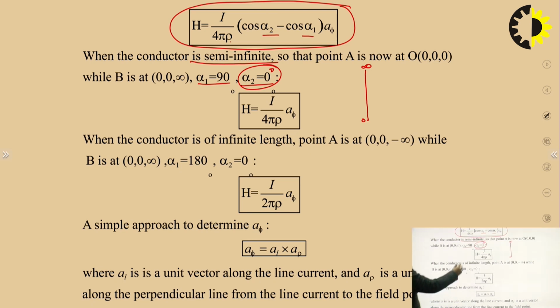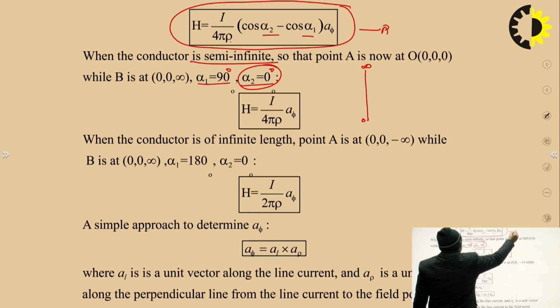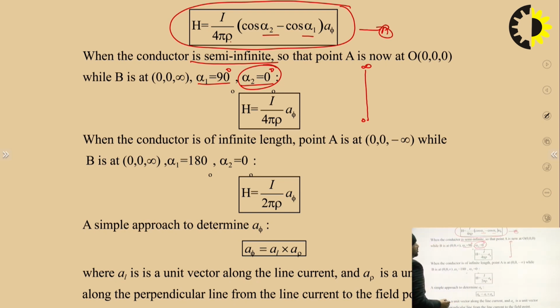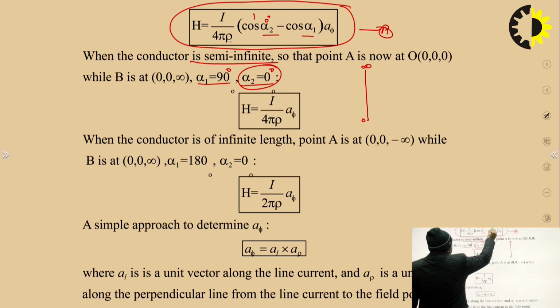If we put this alpha 1 and alpha 2 in that particular mother equation of that particular system, so cos alpha 2, cos 0 is 1. This value is 1, and cos alpha 1, this cos 90 is to be 0.